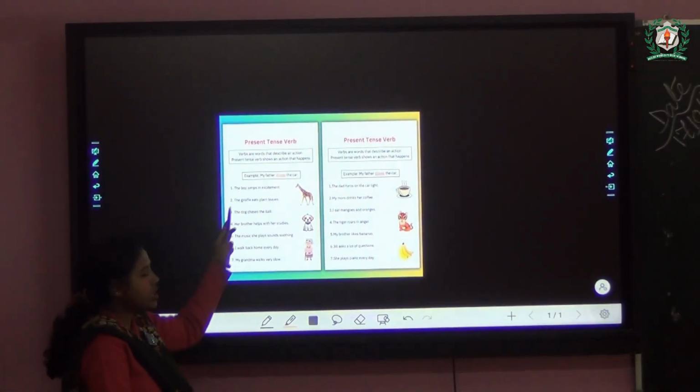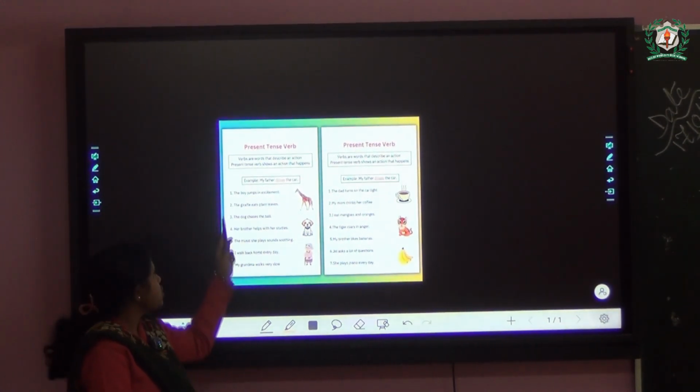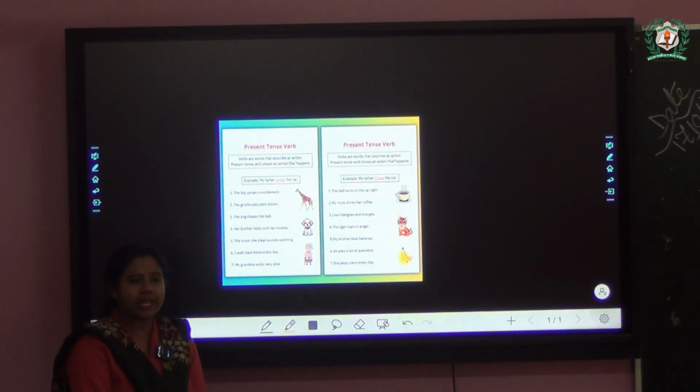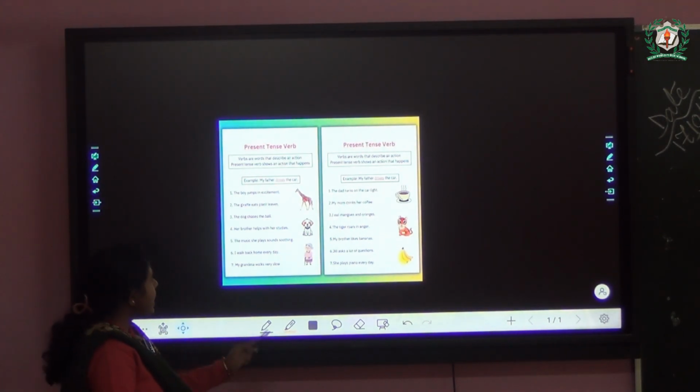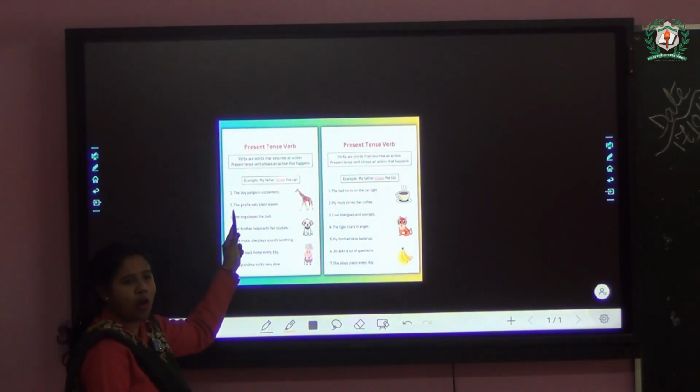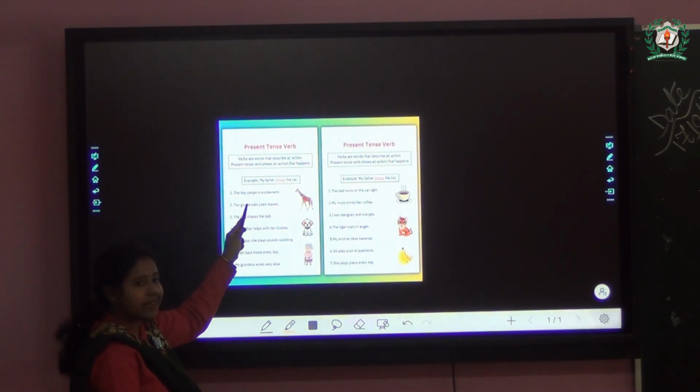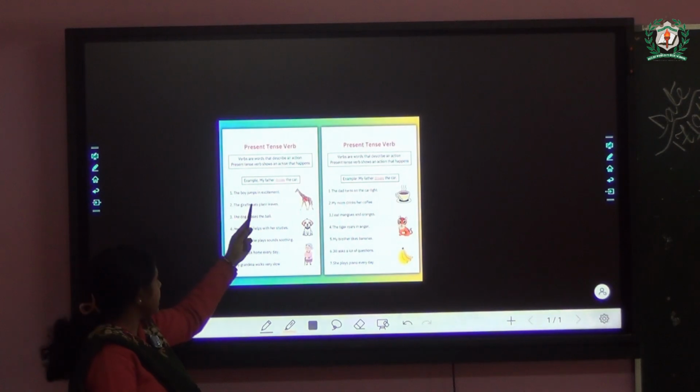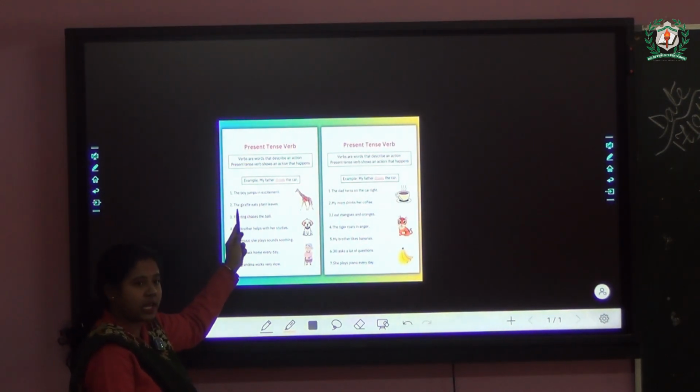Boy. What is the subject? Boy. So, is boy one or many? Is it singular or plural? Singular. So, if the subject is in singular form, then an s is to be added to the very next verb, that is jumps. But if it was boys, plural, then jump will be jump only.